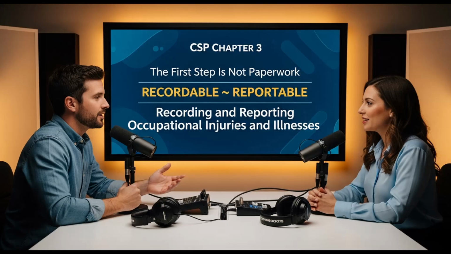Now, if a company views maximizing production, maximizing efficiency, and minimizing unexpected costs as paramount, which all competitive companies do, then the DART rate isn't just a safety metric that OSHA makes you calculate. What is it then? It is a direct measure of your operational efficiency loss. It is a quantifiable measurement of the cost of uncontrolled hazard exposure, expressed in terms of lost human capacity and production system failures.